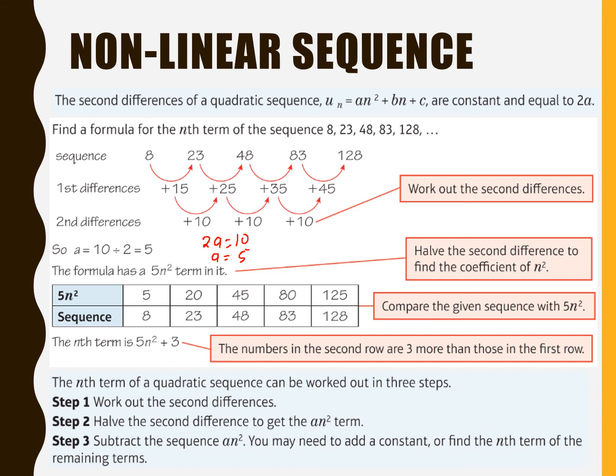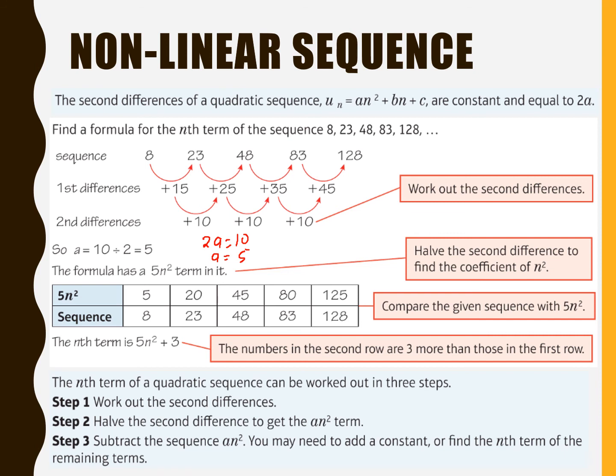In order to find the rest, we ask: if we have 5n squared, what would that sequence look like? If we put 1 here, it becomes 5. If we put 2 here, 2 squared is 4, times 5 is 20. If we put 3, 3 squared is 9, times 5 is 45, and you go on.